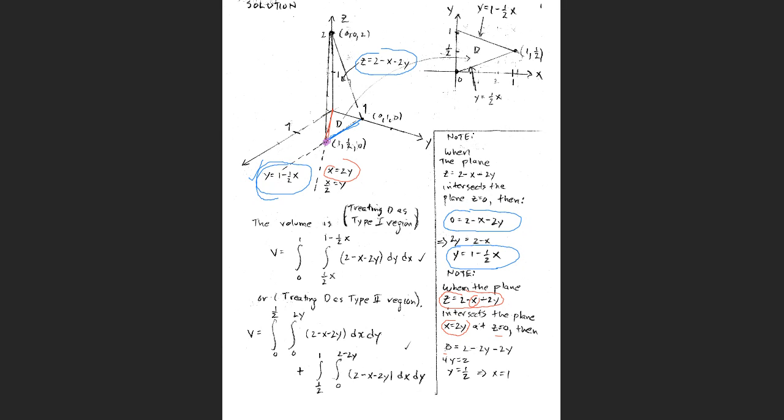So you have 3 planes that meet there, and they're all true. I can take the plane z equals 2 minus x minus 2y, substitute in z equals 0, substitute in x equals 2y, and then solve for y, and then solve for x. Therefore, that point of intersection is 1, 1 half, 0.